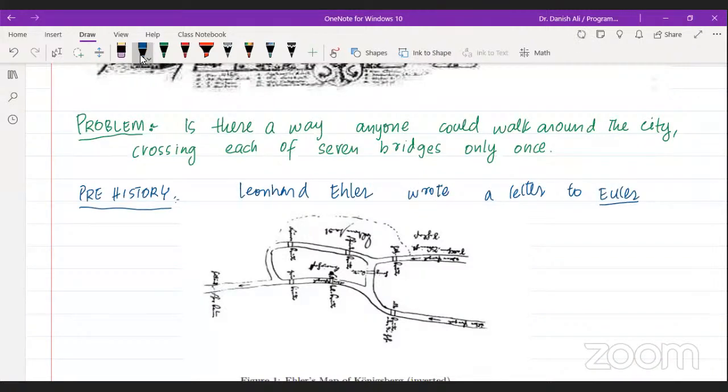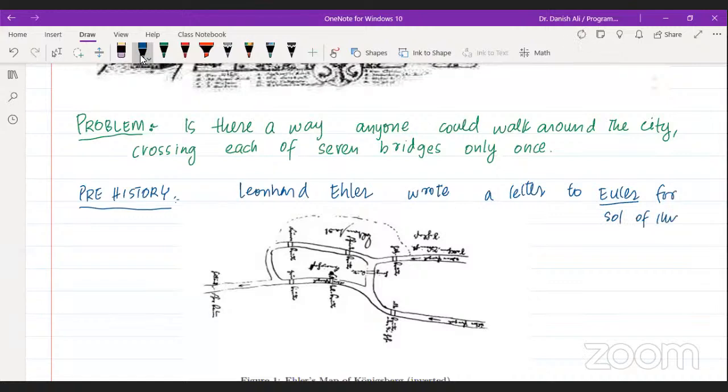I think you know Euler is a famous mathematician, and he's not only doing mathematics, he is doing other things like astronomy and optics and different branches of sciences. So he wrote a letter to Euler for the solution of this problem.